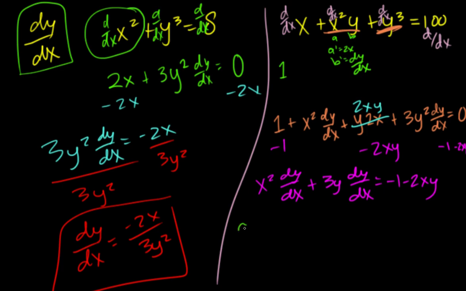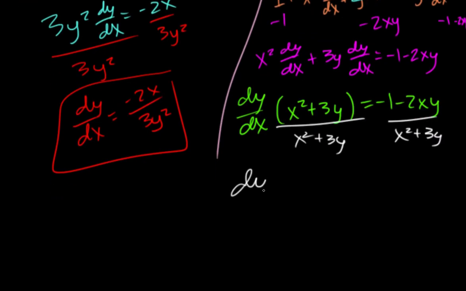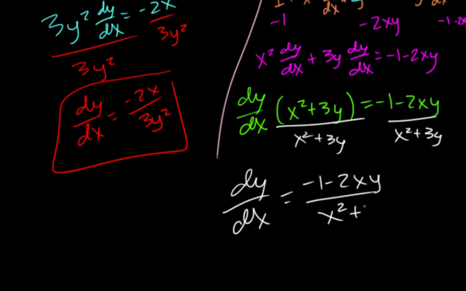Now we're going to factor out a dy/dx and divide everything by this. So dy/dx is equal to negative 1 minus 2xy over x squared plus 3y.